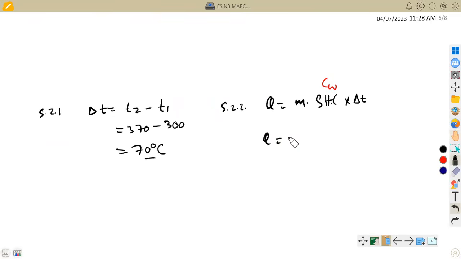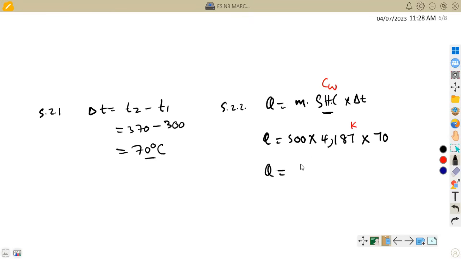So we are going to have 500 times the specific heat capacity of water, which was 4,187. Take note, this was in kilojoules, so your answer is going to have kilo at the end. Times the change in temperature of 70.